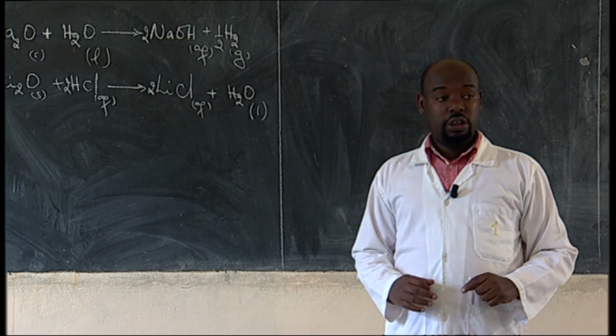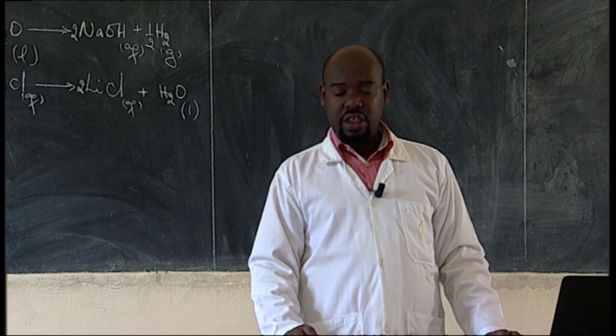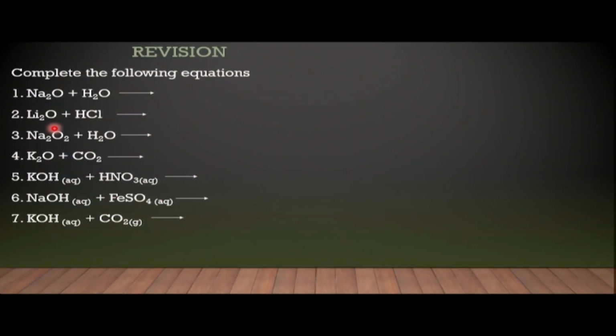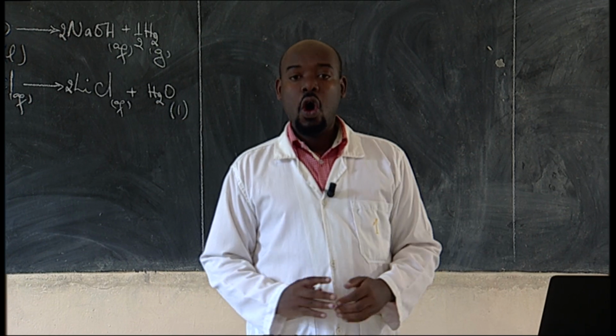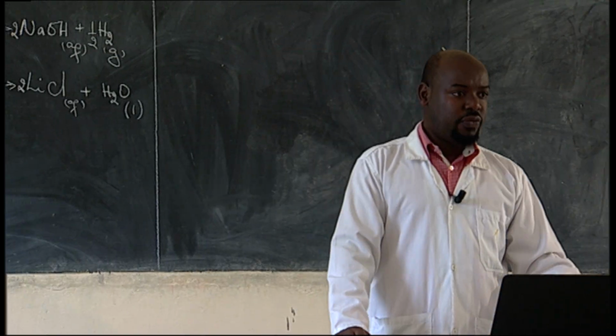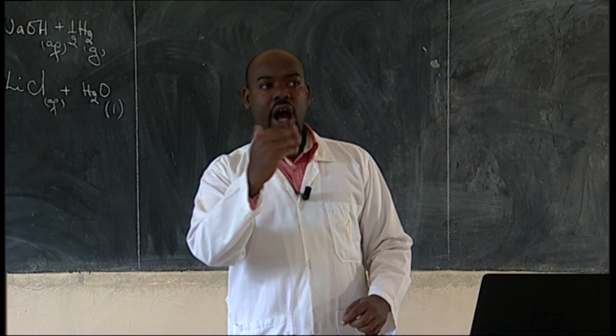So these equations, I've given them because I want you to remember some, to have a general review of the reactions of these compounds. If you can see it very well, here we have the oxides and the hydroxides. So we are revising the chemical properties of these oxides and hydroxides.